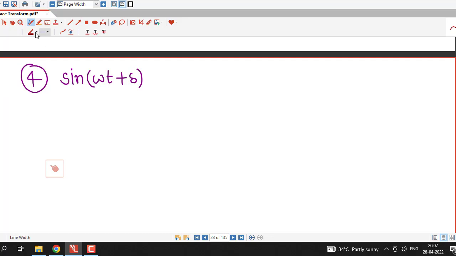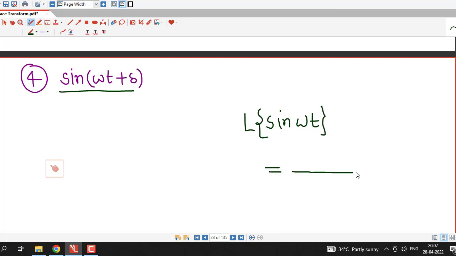Another function is sine of omega t plus delta. Suppose I had sine omega t, then I can directly find the Laplace transform of this function using the formula omega divided by s square plus omega square. But I do not have this type of function here; I have plus delta.